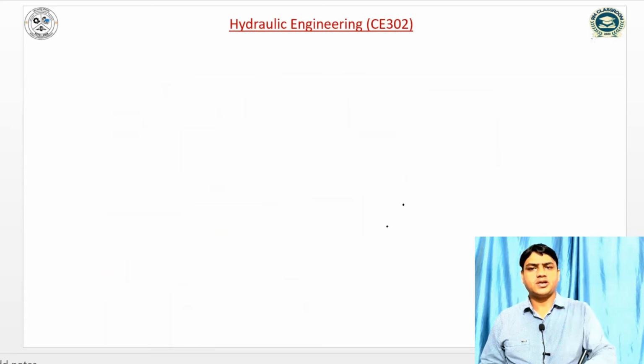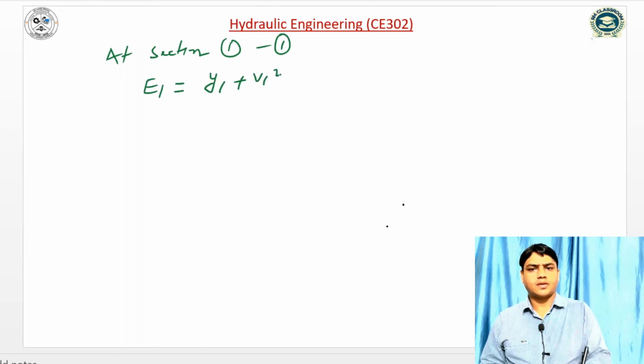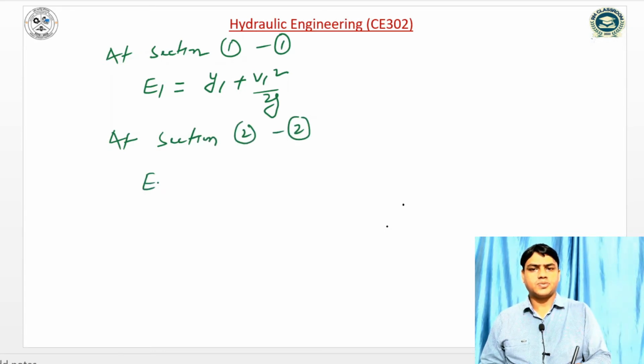Specific energy at section 1, E1, can be written as Y1 plus V1 square by 2G. Similarly, at section 2 the specific energy can be written as Y2 plus V2 square by 2G.